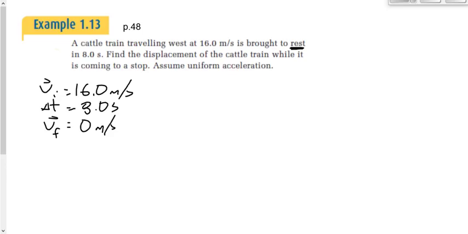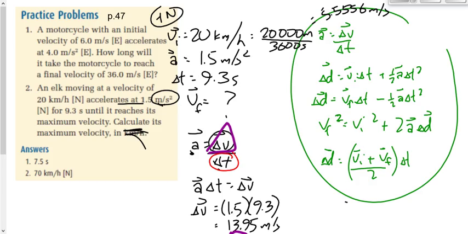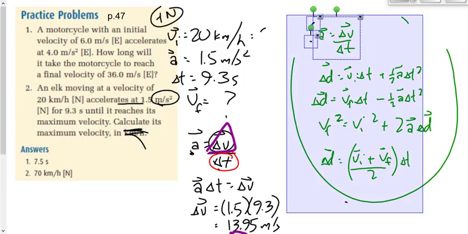We want to find the displacement. We want to find delta D. Remember your group B equations. Those group B equations are all on your data sheet or on the right side of this page.